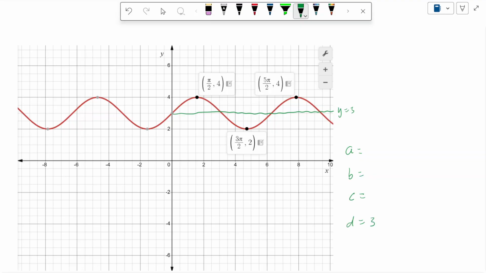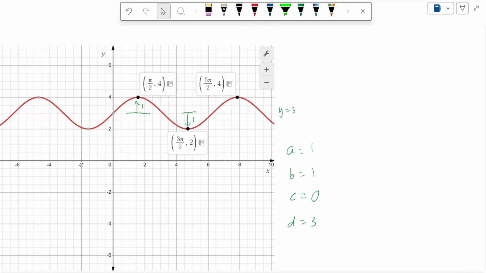We haven't moved it left and right at all. It seems to still be repeating every 2 pi, so we haven't stretched it. B would stay as 1, and A would stay as 1 as well, because this goes up by 1 from the center point and also goes down by 1, so we haven't vertically stretched it at all.